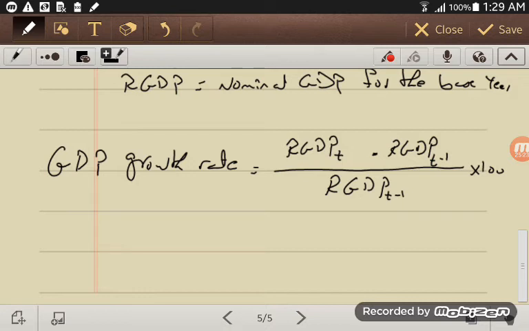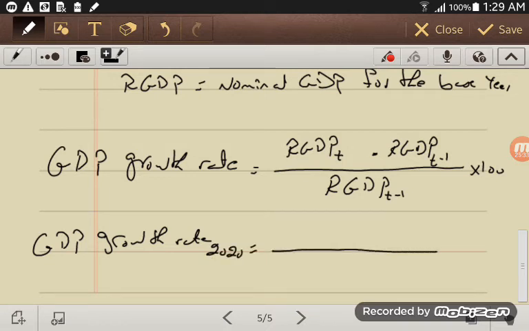Returning back to our example, if you would like to calculate GDP growth rates for year 2020, so it will be real GDP at time t, which is year 2020, 270, minus real GDP at time t minus 1, which is 2019, which is 200, divided by 200 multiplied by 100.